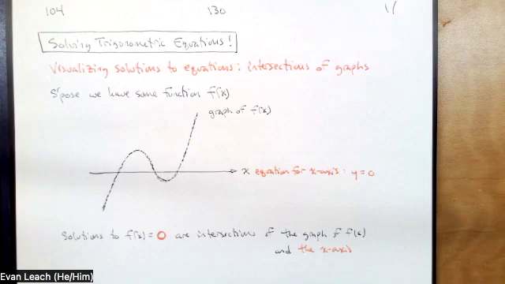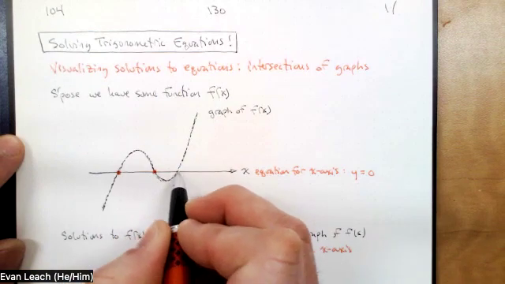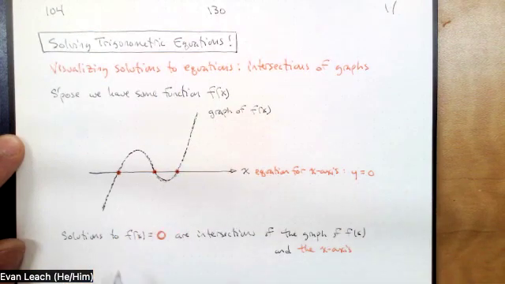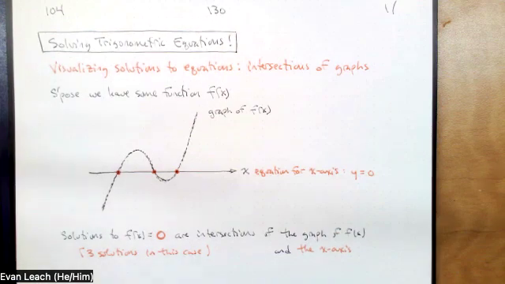So we can see, if we were solving the equation f of x equals 0, in this scenario, we can see 3 solutions.